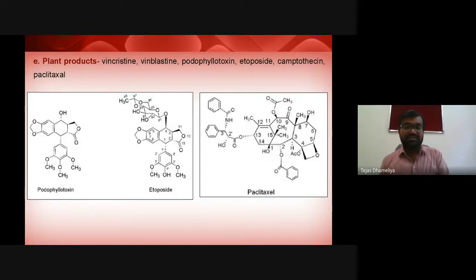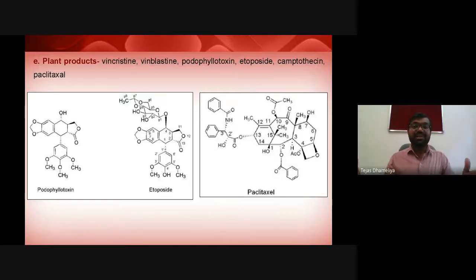Podophyllotoxin, basically podophyllum, etoposide, which is obtained from Himalayan yew tree. आप हिमालय में, वो नॉर्थ इंडिया में जब आप घूमने जाते हो तब वहां पर हिमालयन यू ट्री आपको देखने को मिलेगा, हिमालयन मे एप्पल, पोडोफाइलम. सो ये जो पोडोफाइलम is called Himalayan May apple, क्योंकि वो मे मंथ में, in the month of, this is February, after March, April and May, the fruit will come on this tree.